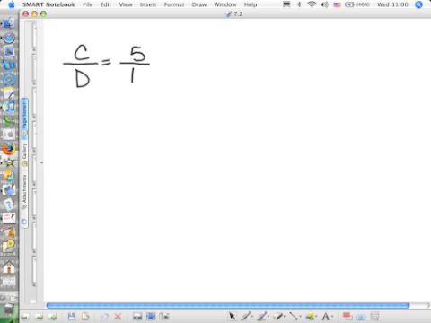Okay? Now, using this information, if I told you, suppose you have 13 dogs. How many cats do you have? Well, in setting up a proportion, we're comparing basically a fraction of the same thing, just in different terms.